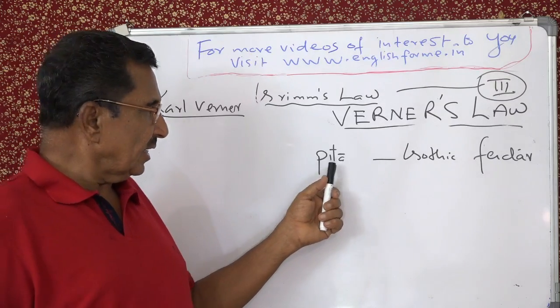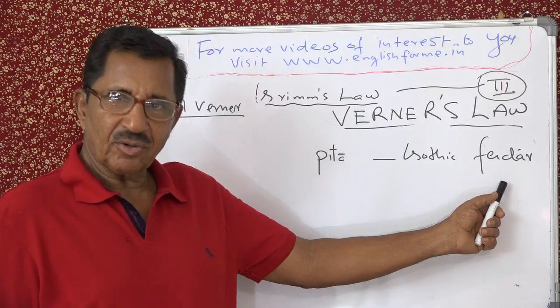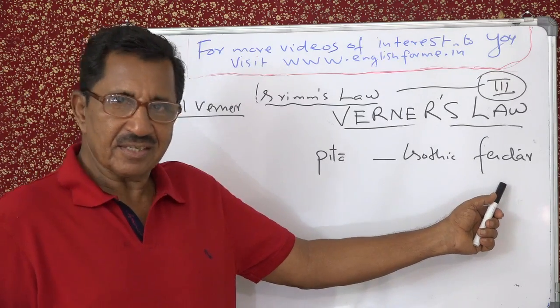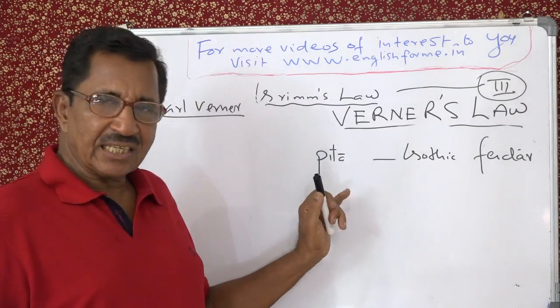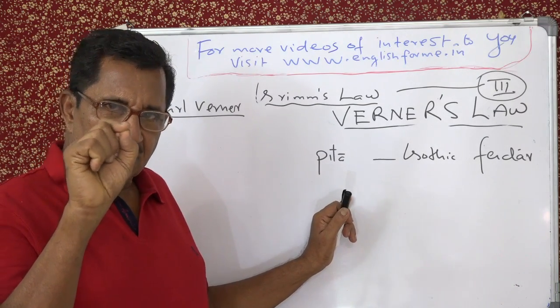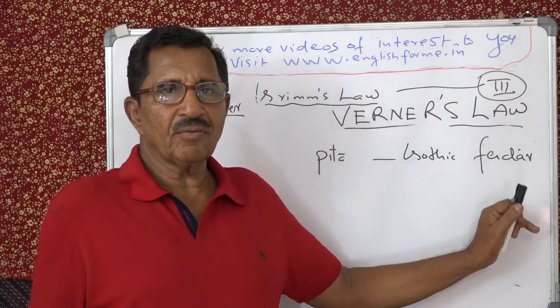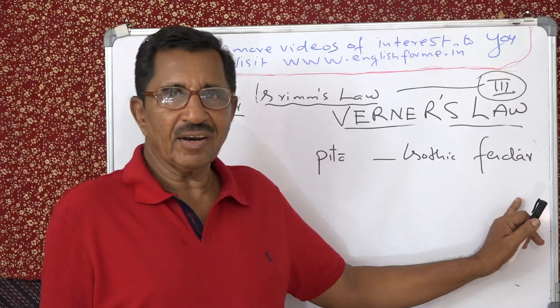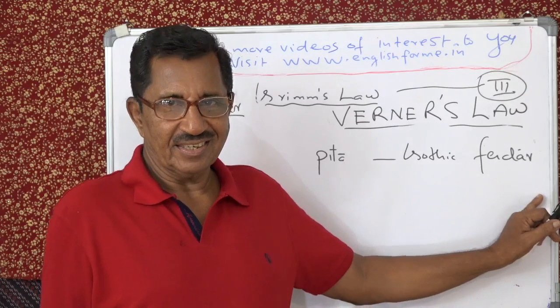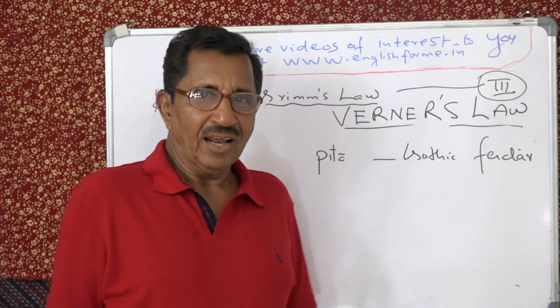The reason why t has become d in Gothic, according to Karl Verner, is that if the Sanskrit word has the stress on the first syllable, then Grimm's law will work here. Instead of fadar, you will have father. That is the explanation given.